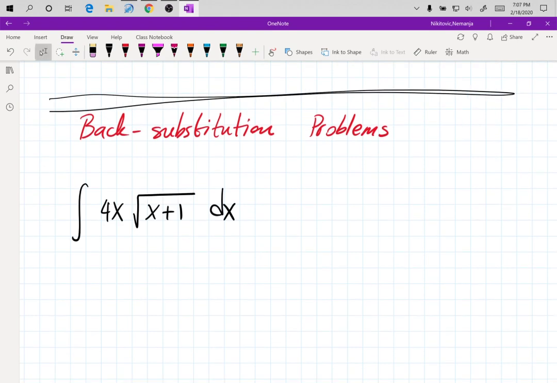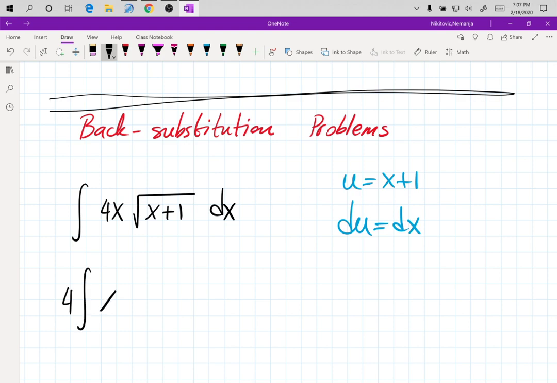Well, what you still can do is a u-sub of x plus 1. And that will give you that du is equal to dx. Now, if you are to plug that in, kick this 4 outside, you still have this x.